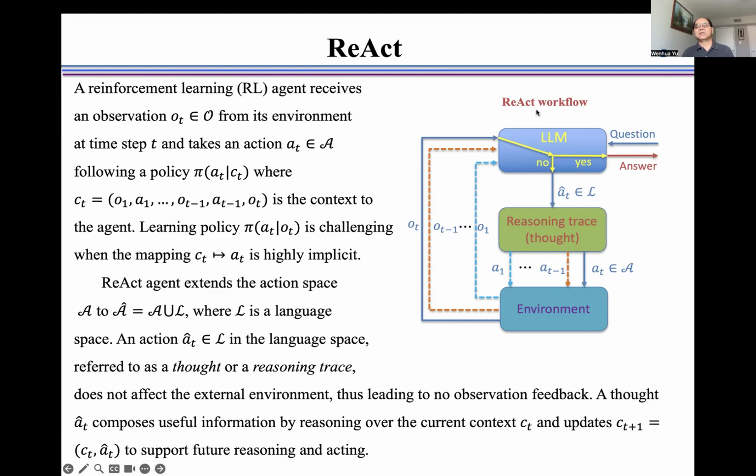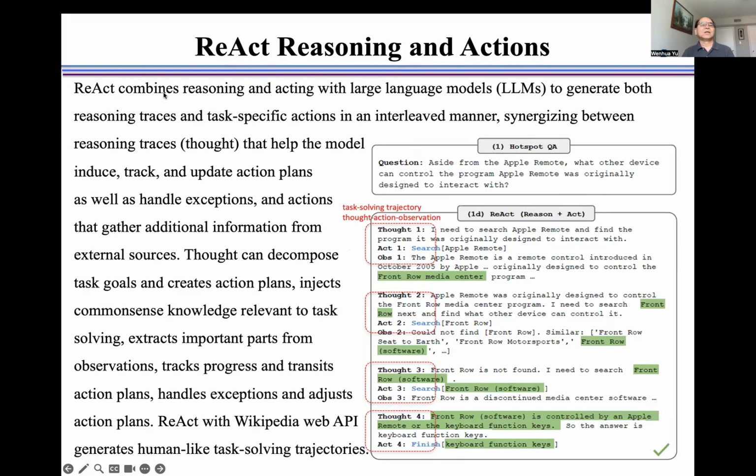Here is a ReAct workflow. This is the large language model, this is the thought a_t-hat, this is the action a_t to the environment, and this is the observation. ReAct combines reasoning and acting with large language models to generate both reasoning traces and task-specific actions in an interleaved manner.